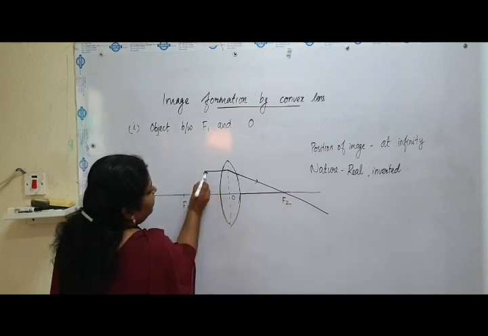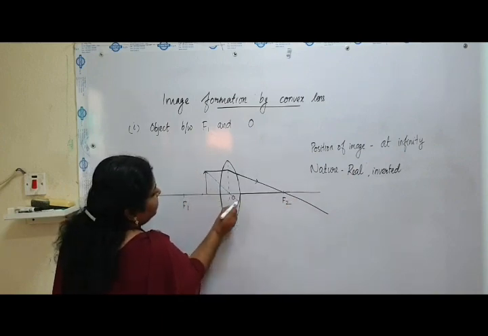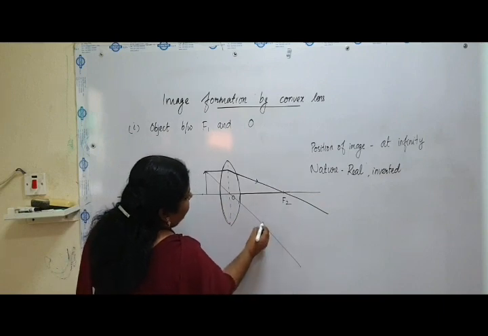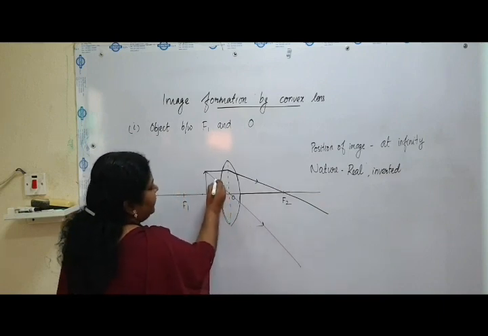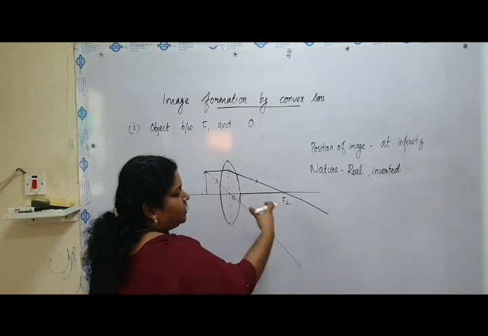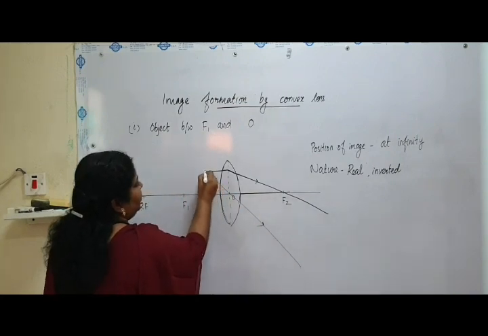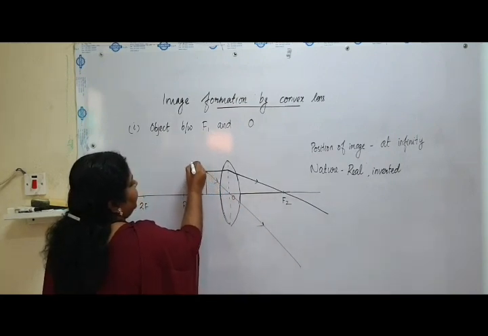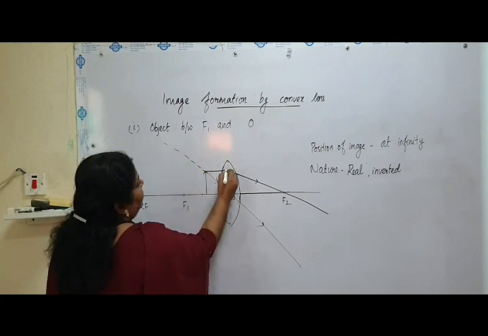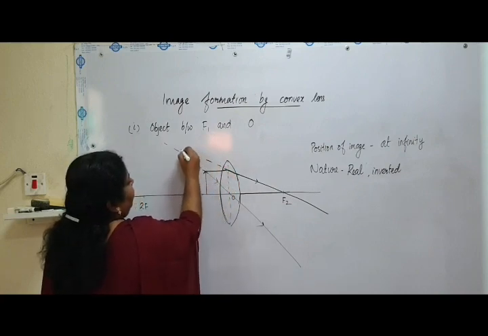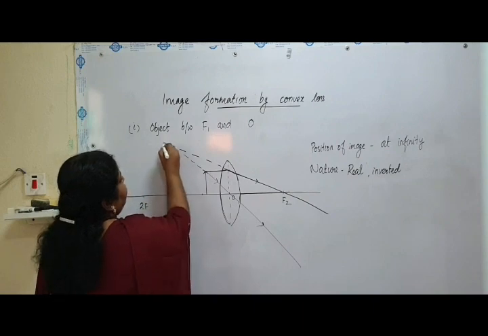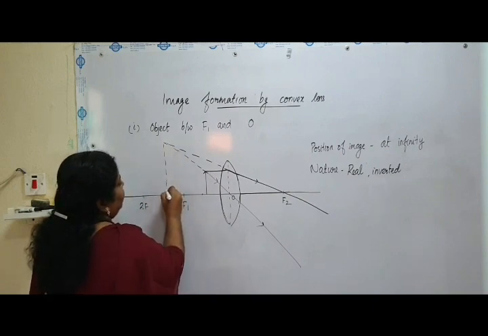Now another type of ray which is passing through the optical center. Here you can see that these two rays will not meet anywhere because these two are diverging. So what you have to do is extend it back. Now this also you extend back. Where the two rays are meeting, there the image is formed.